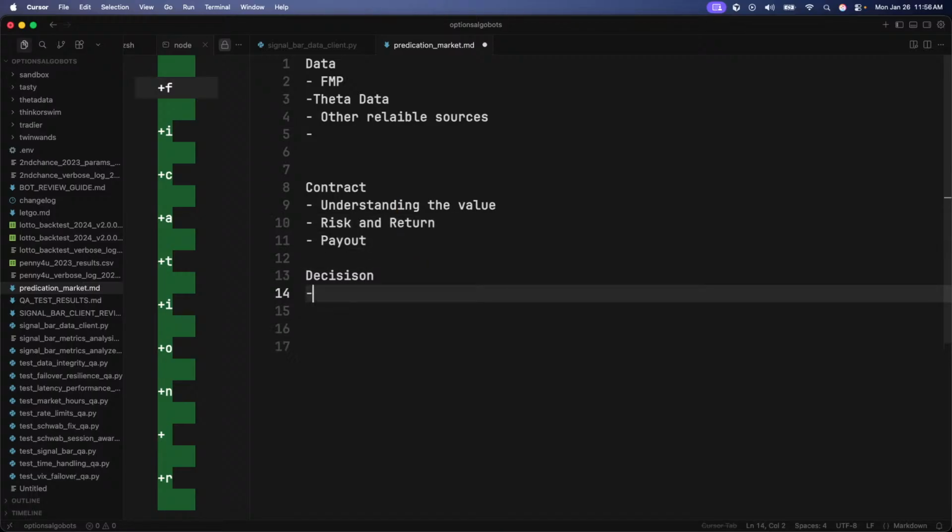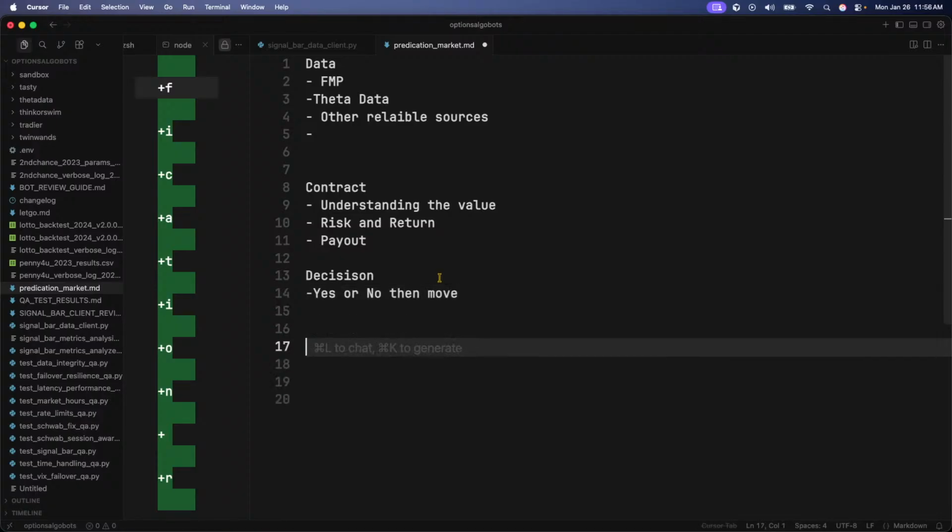Then it's binary, so it's yes or no. Then move on. And this could be a bot right here. But again, I just have to understand a little bit more. If I can understand this and if I see value in this, I'm not going to bring y'all anything that I don't see value in or if I don't try myself. So if I do see value in this and I could try it myself and think there's a way for us to actually catch a lick with this one, then I don't mind bringing that to y'all and actually seeing how I create this.